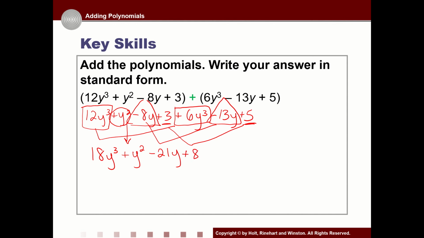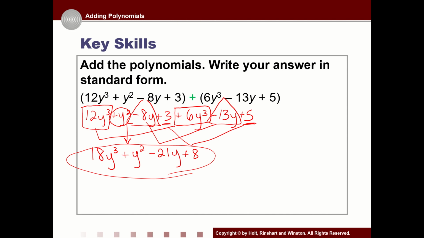Then I want to check and see if my answer is in standard form, highest exponent to the lowest. So 18y to the third plus y squared minus 21y plus 8. So I have an exponent of 3, 2, 1, and there's no y, so that's an exponent of 0. So this is in standard form. That is my answer.